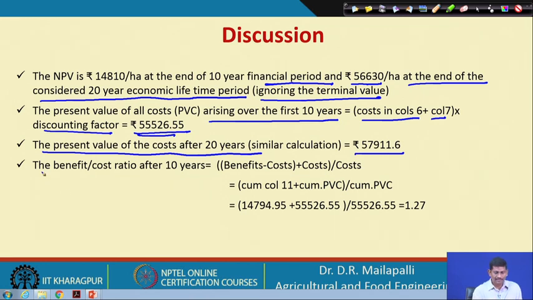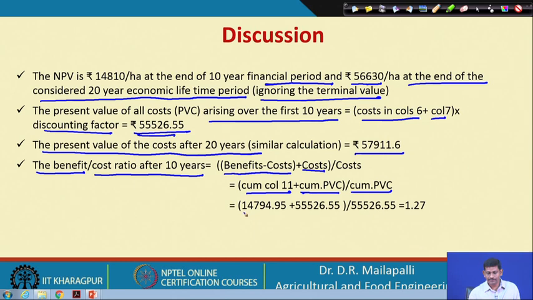57,911.6, and the benefit by cost ratio after 10 years. So, benefits minus cost, we have in column number 11, and cost, that is the cumulative PVC, the last column, divided by cumulative PVC.